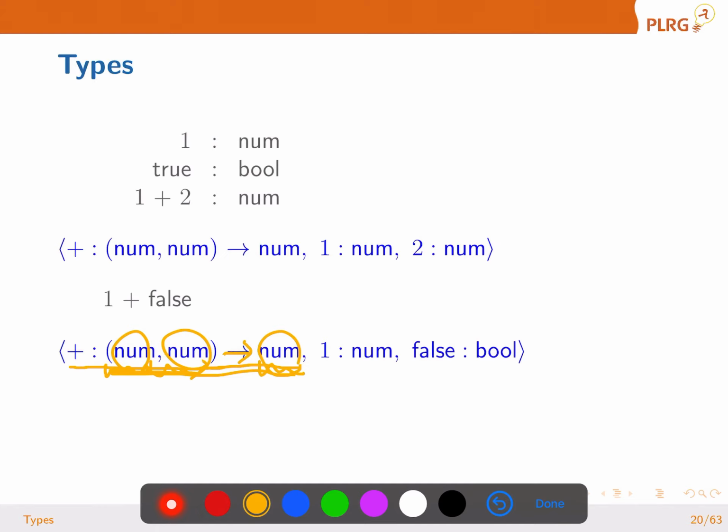So when we gave 2 numbers, it gave us number. When we give 1 number and a Boolean, this addition operator didn't say anything, right? It does not promise anything about a number and a Boolean, so it's gonna be an error. No type error. So far so good.